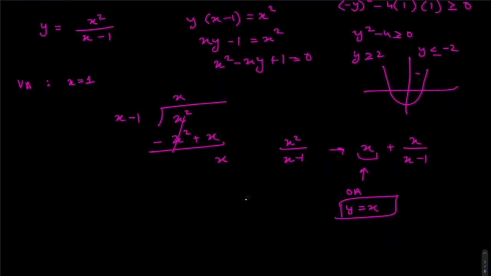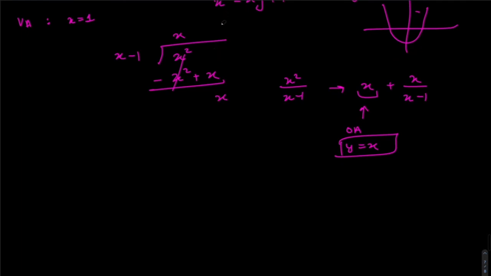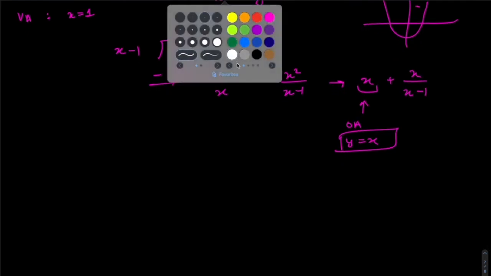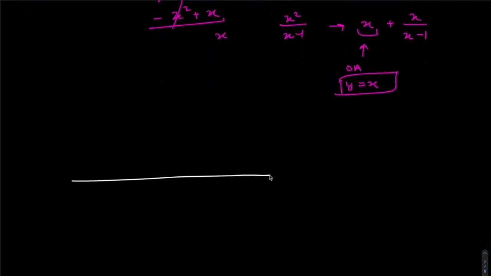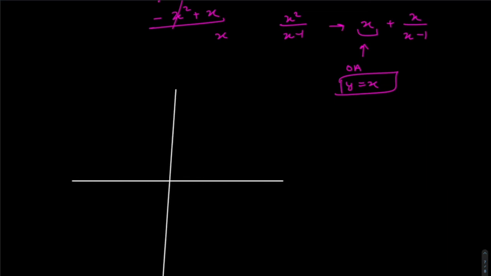So I have my vertical asymptote, my horizontal asymptote does not exist, and I have my oblique asymptote. Now I'll change the color and draw my axes in white, like this and like this.